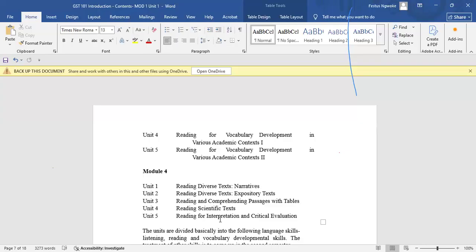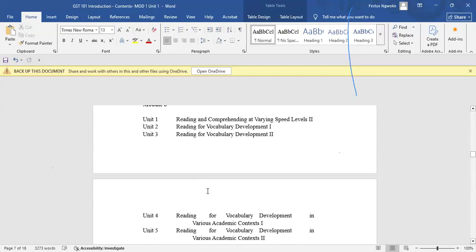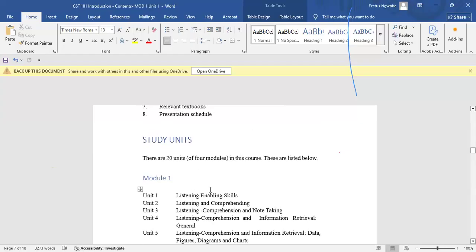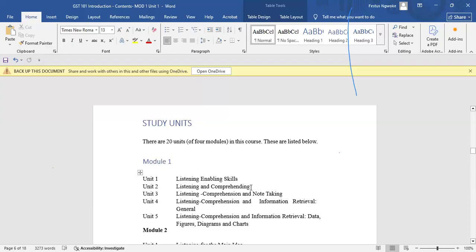So, having said that, let's move back to the full introduction of listening and treat some aspects of it so that we have a broader perspective of the course. Listening, like we have said, is a foremost language skill. It is different from hearing.